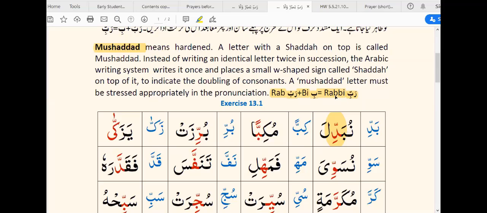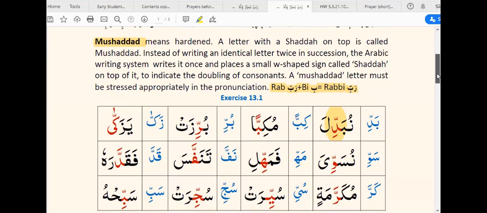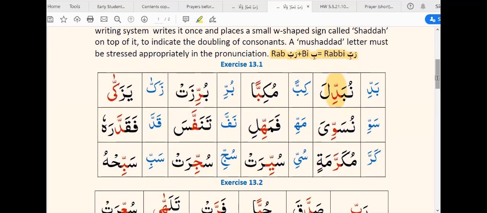Over here, you can see in the English version that there are 2 B's written. That means that over here, there is supposed to be 2 Bas, but instead of writing 2, a Tashdid is placed on top. So whenever you are reading a letter that has a shadda on top of it, remember that there are 2 of those letters.